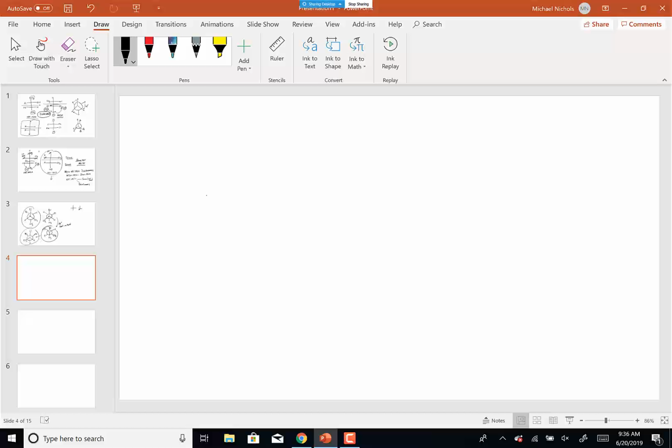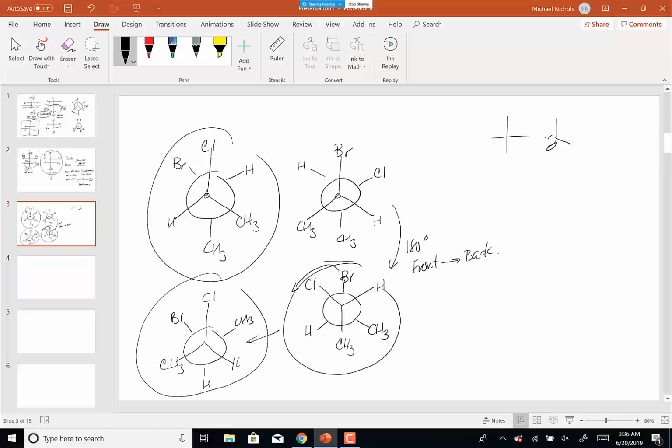Front to front and back to back. So if we wanted to do that, what about the front carbon? Is the front carbon in the same configuration or opposite configuration now? So I'm looking at the front carbon here and the front carbon down here. Same or opposite?